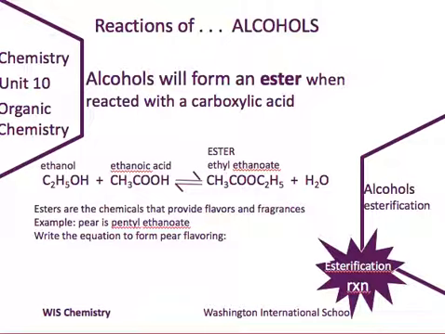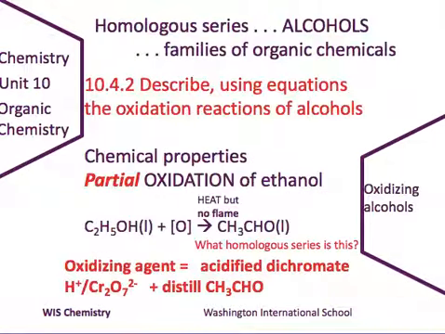Here, ethanol and ethanoic acid give ethyl ethanoate and water. Note that it's reversible, and you need a concentrated sulfuric acid catalyst with this. And the esters have these very characteristic flavors and fragrances. Many of the smaller ones are what we recognize as fruits.